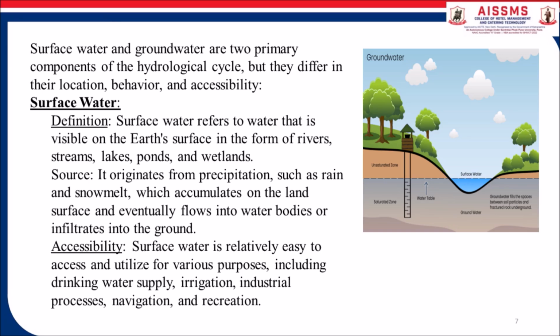Accessibility of surface water. Surface water is relatively easy to access and utilize for various purposes, including drinking water supply, irrigation, industrial process, navigation and recreation.